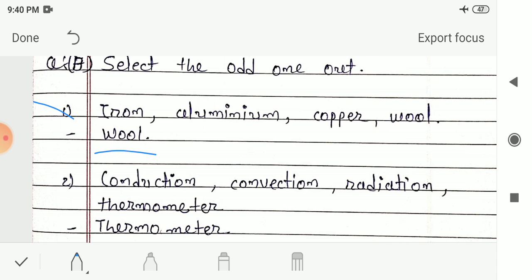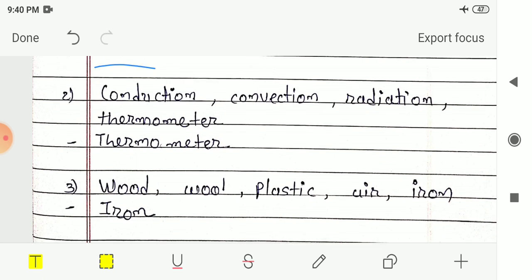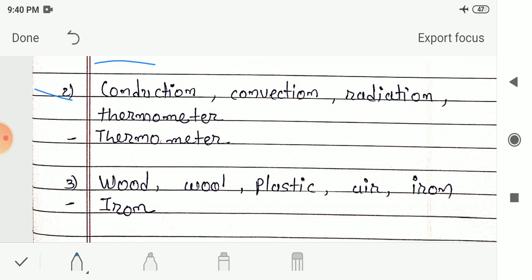Wool is the poor conductor, or you can say insulator, of heat. The rest, that is iron, aluminium, copper, are good conductors of heat. So here the odd one out is wool. Next, second number: conduction, convection, radiation and thermometer.